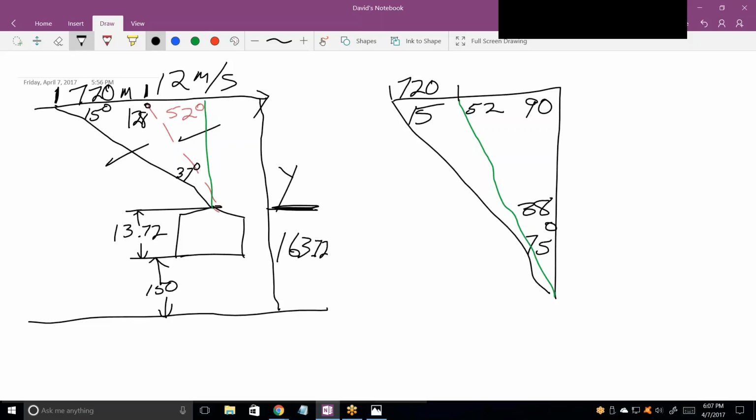And if we can solve for y, we will have solved the problem, because we'll add y to 163.72 and we'll have the total height. Question is, can I solve this green triangle? Yes, I can.